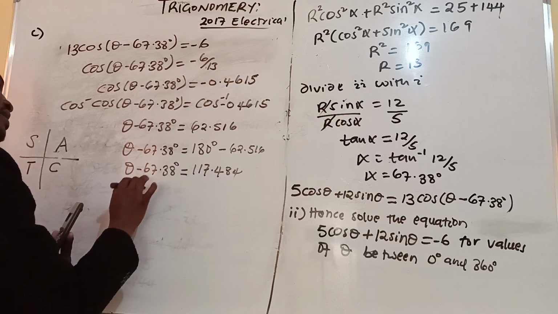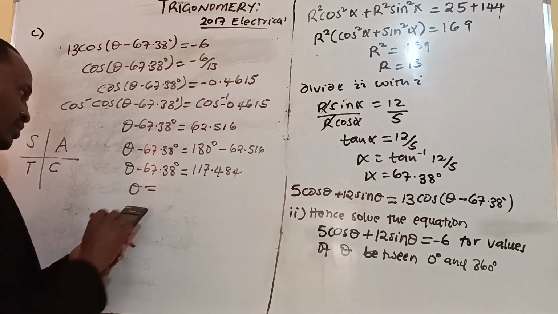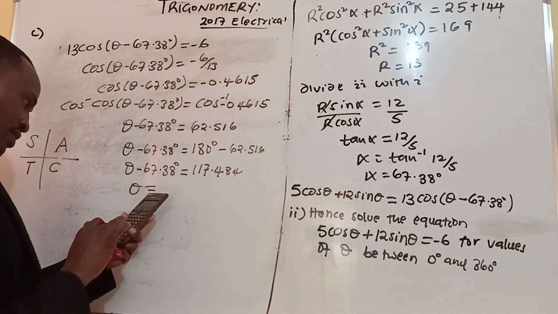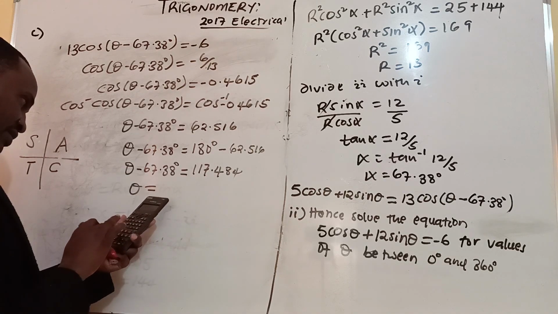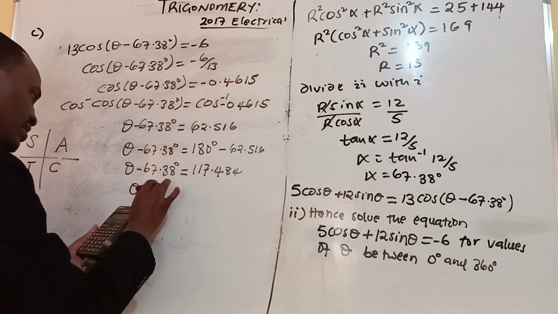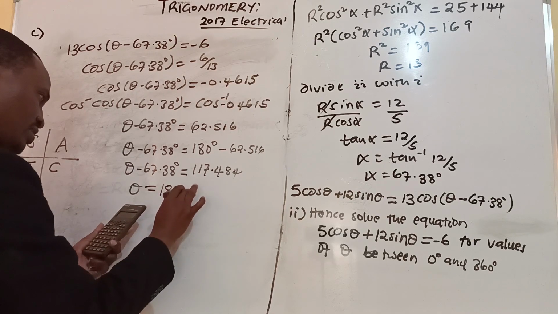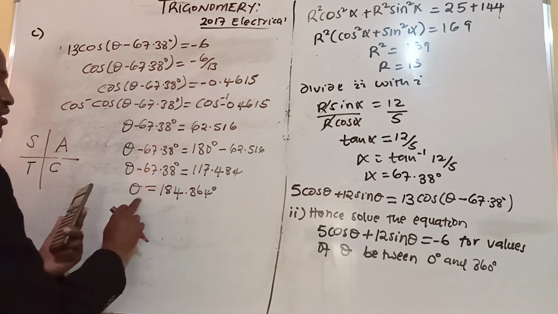So if you take this angle to the other side of the equation, it will be adding plus 67.38, theta is equal to 184.864 degrees.